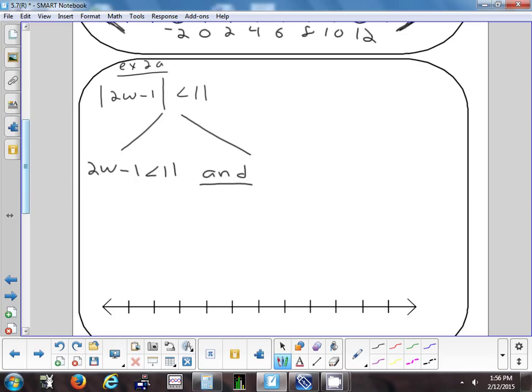So we got our first inequality, we got our and. Who can give me my second one? It's the same as you do with an or. Laura? 2w minus 1 is greater than negative 11. Good. She flipped the sign, and she made the number negative.